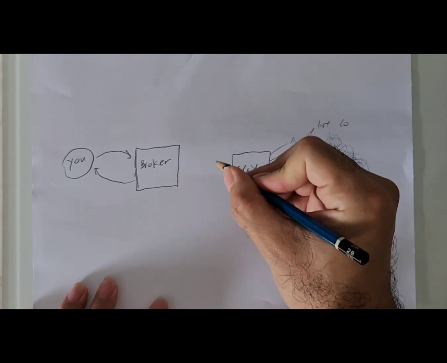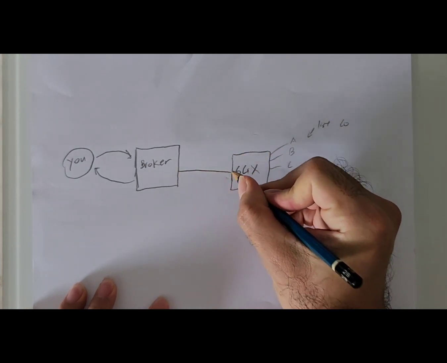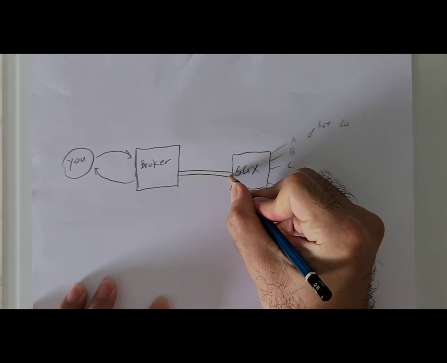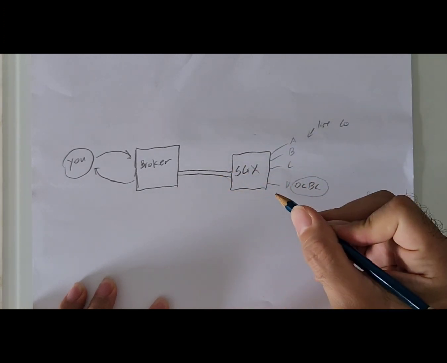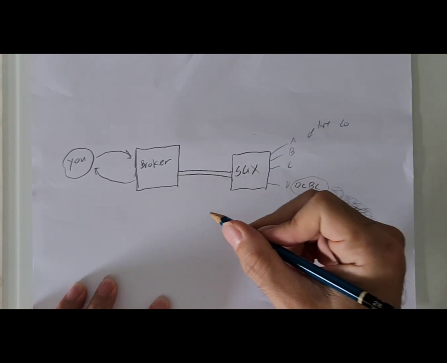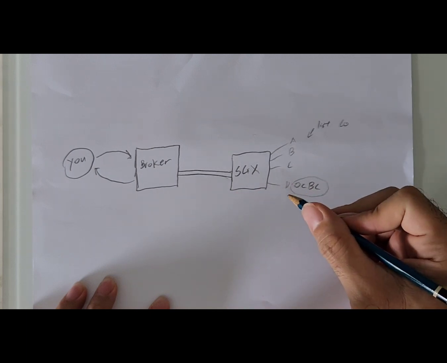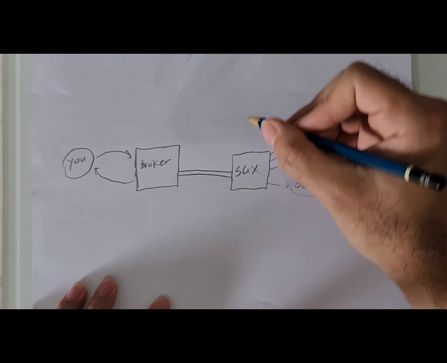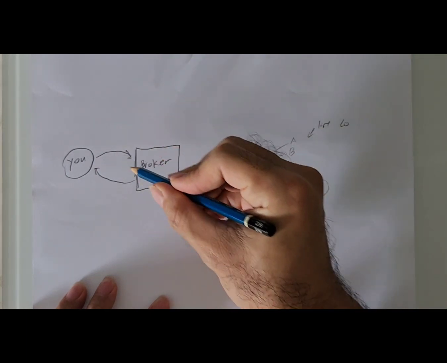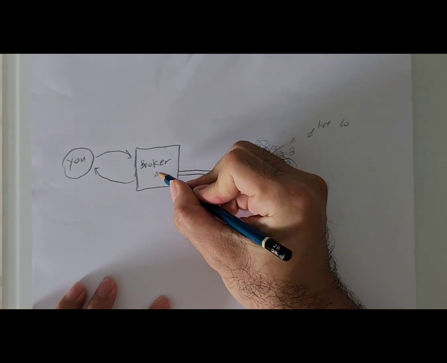And of course the broker is connected to the exchange. I draw two lines to show hard connections that are set up by computers or day-end job runs. So there you are with your broker A.